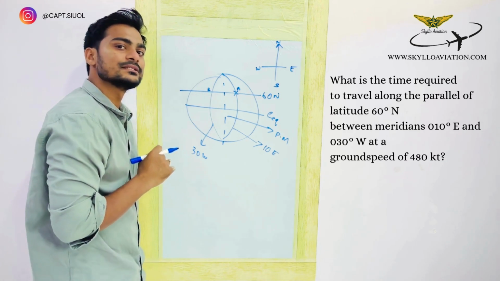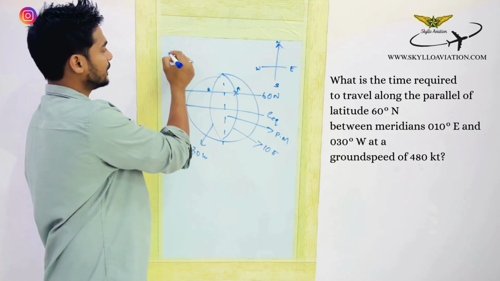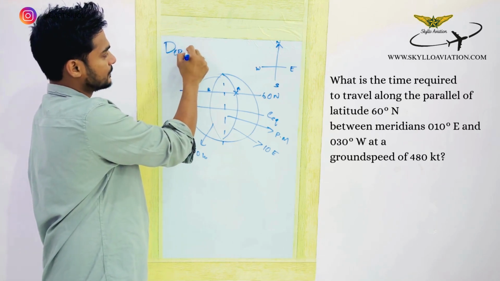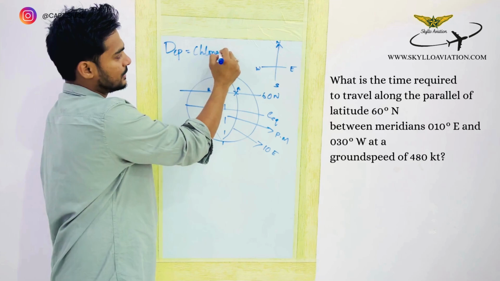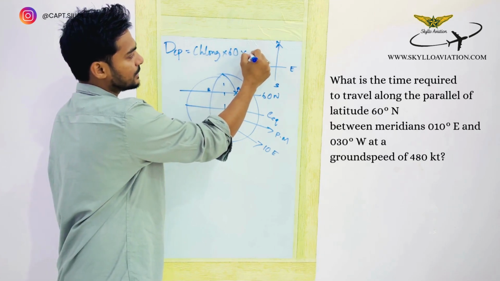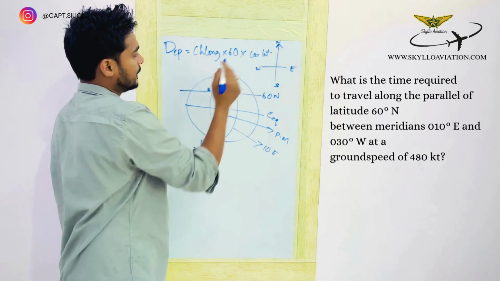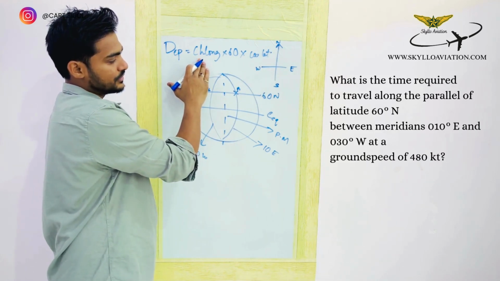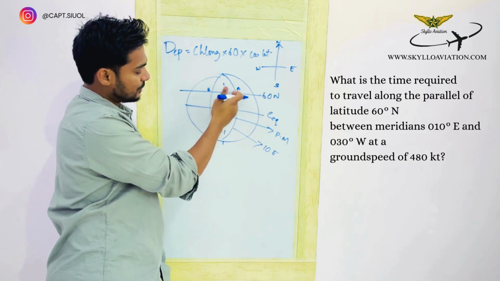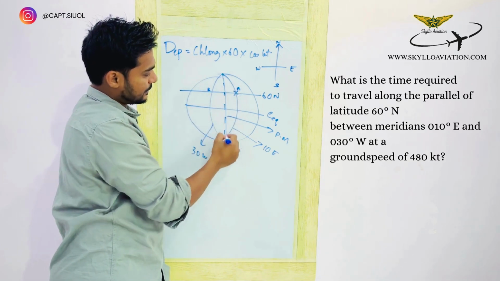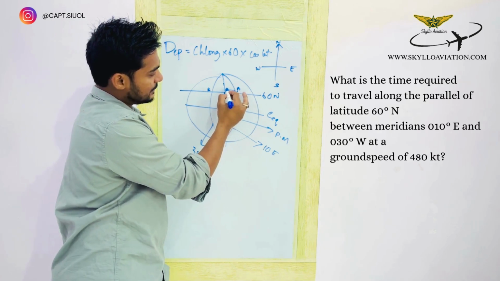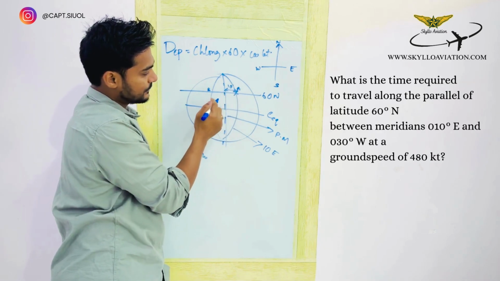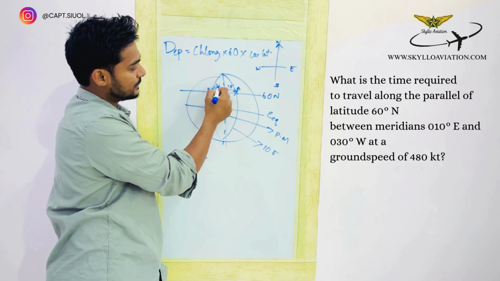Since the meridians are converging, we have a special formula that we call departure. Okay, that is your change of longitude into 60 into cos of latitude. Now change of longitude, we are traveling from 10 east all the way to 30 west. Okay, this is your prime meridian. This much is your 10 degrees, and this much further is your 30 degrees.